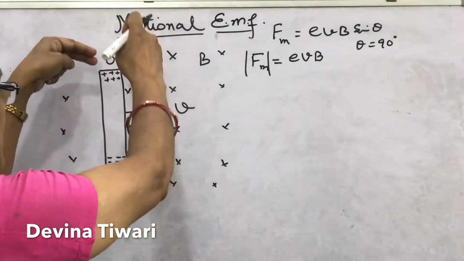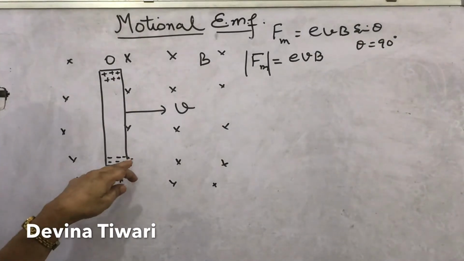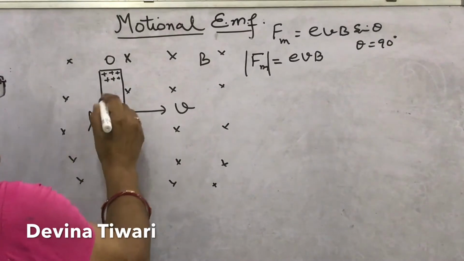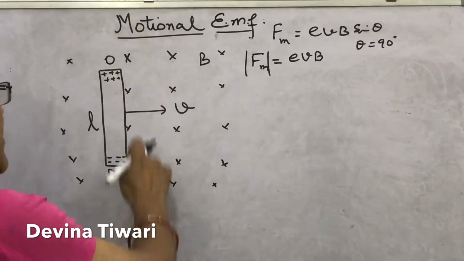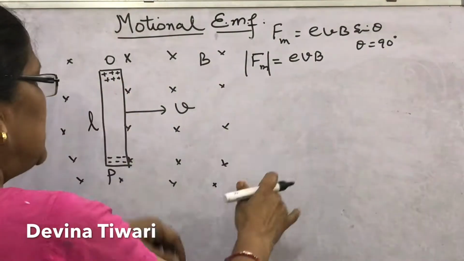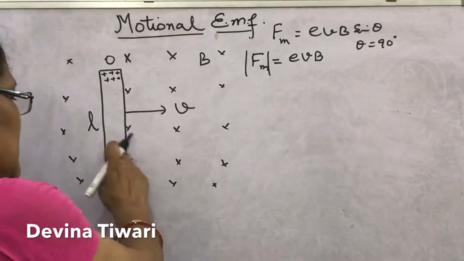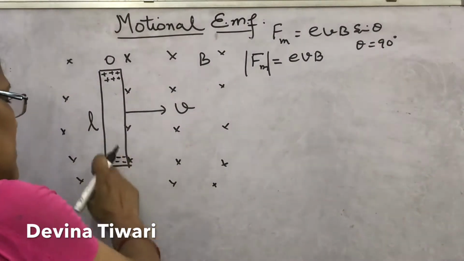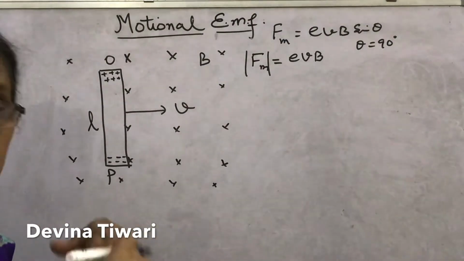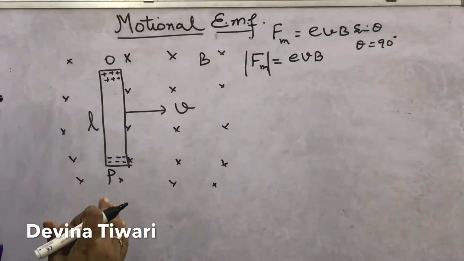What happens? The electrons accumulate at this end P, then an electric field is developed across the length L of the rod, directed from Q to P. Initially Fm is very large, and when a large number of electrons are accumulated at P, the electrons have a tendency to move opposite to the electric field.